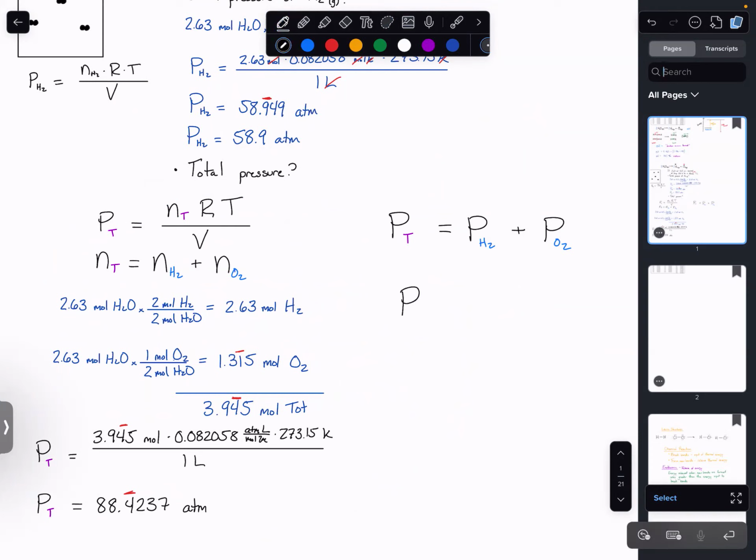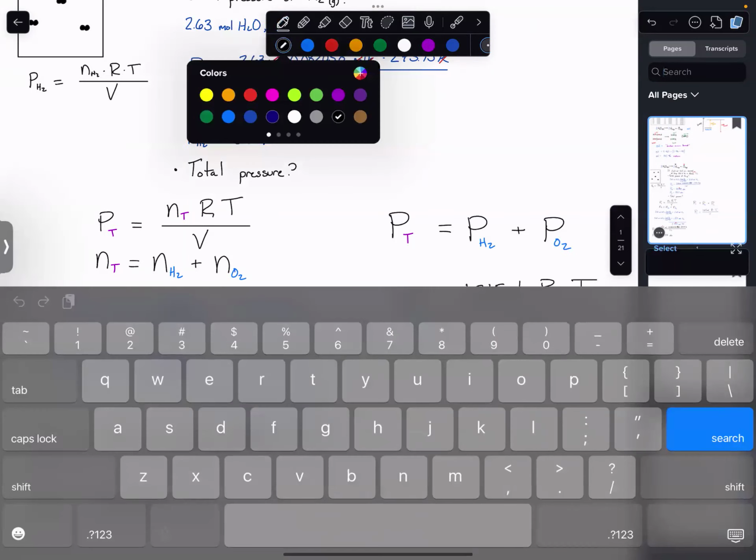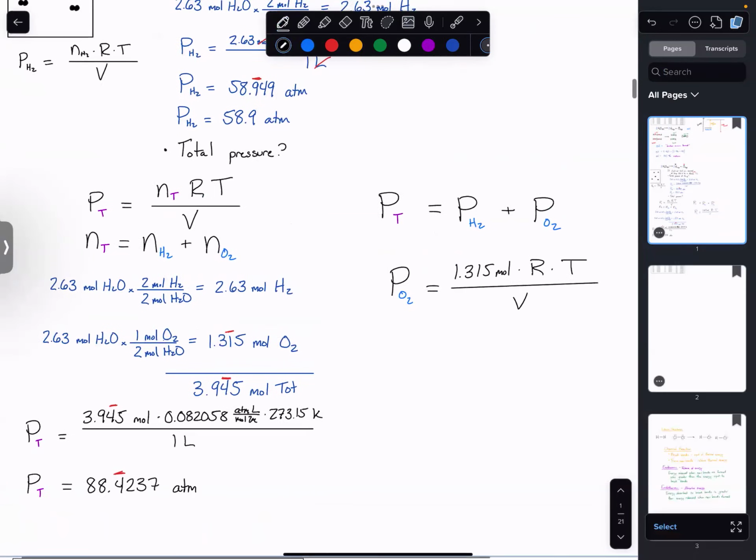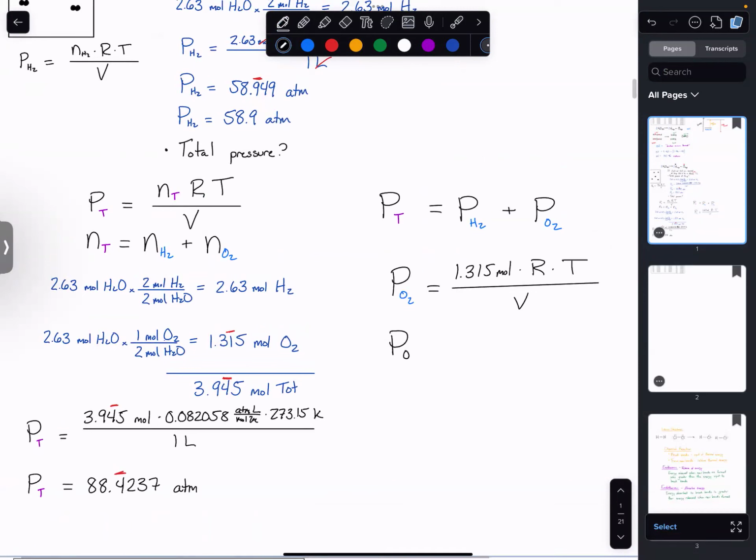All right, if you calculated the partial pressure of oxygen, you would again have to have calculated the number of moles of oxygen. So that 1.315 times R times T over V. Just for the sake of writing, I'm just going to leave them as variables. If you punch that all into your calculator, you would get a partial pressure of oxygen equal to 29.4745.